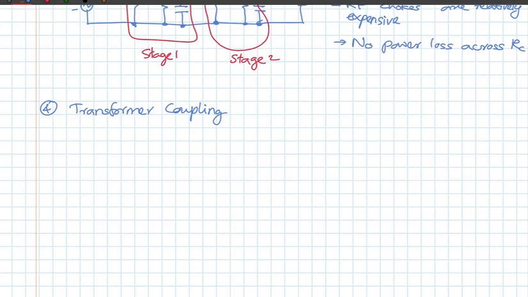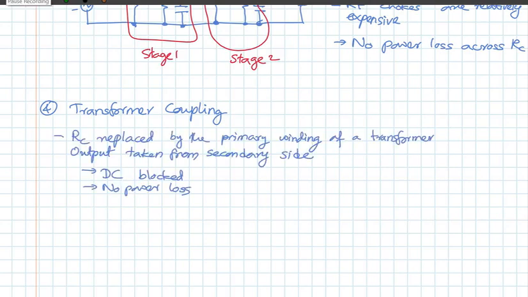So we replace the RC with a primary winding of the transformer and take out the signal for the next stage using the secondary side. Again, you see the DC is blocked, so the biasing will not get upset, and also, as before, no power loss across the RC.